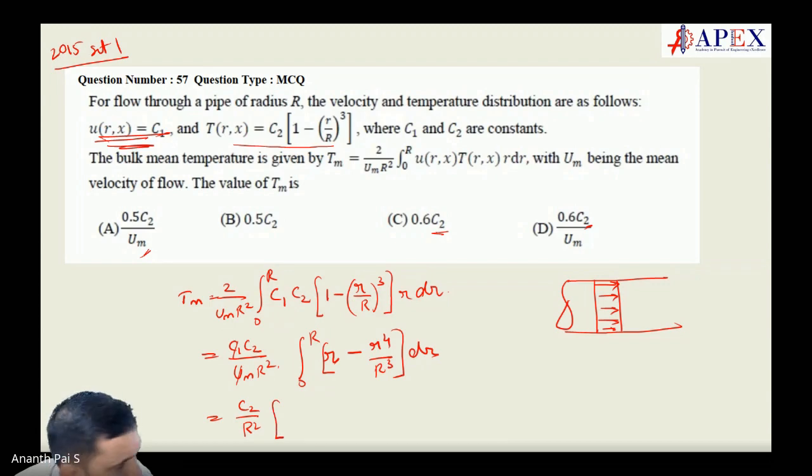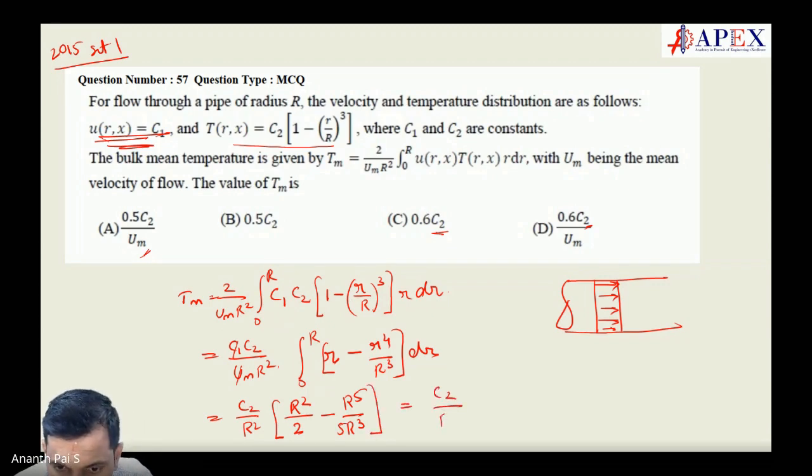When you integrate, you get r square by 2 minus r power 5 by 5 R cube. So together, C2 into R square cancels here and R cube cancels here. So what you get is 1 by 2 minus 1 by 5.